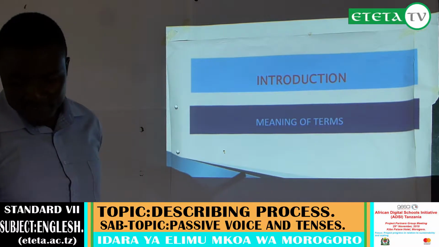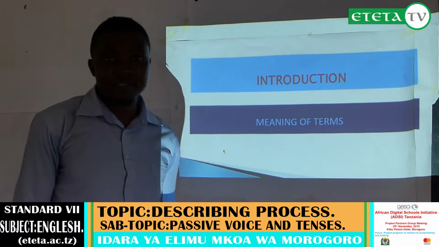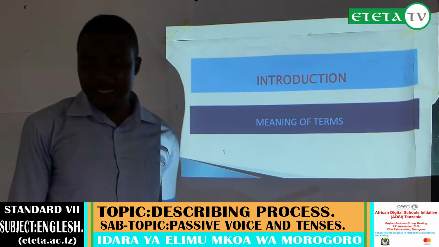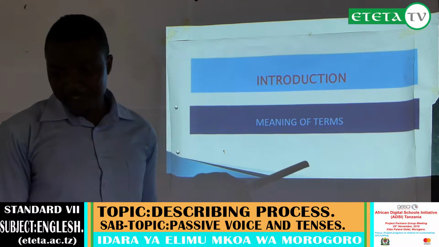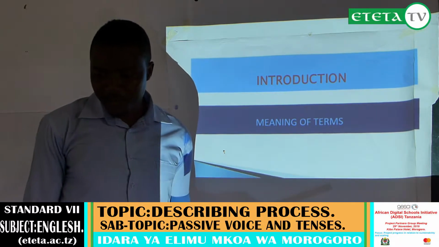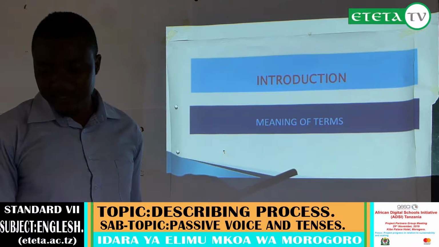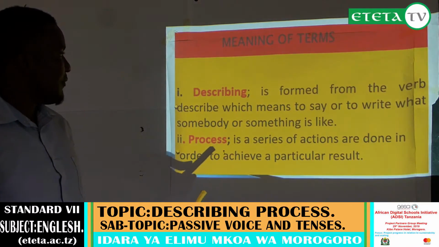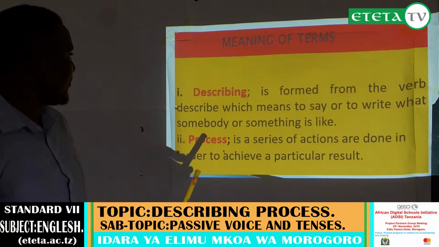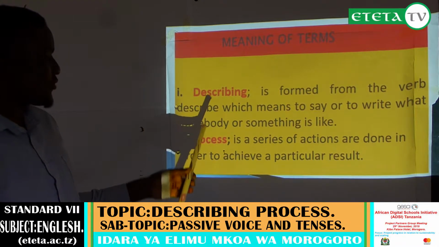After explaining the objectives of the topic, now let me start giving you the introduction of the lesson based on the meaning of the terms. The first term of the topic is the word describing.